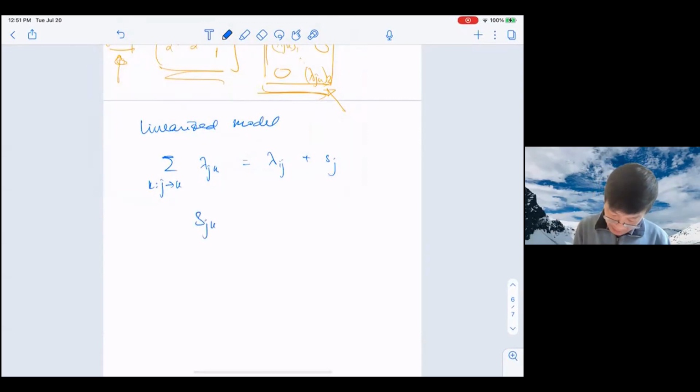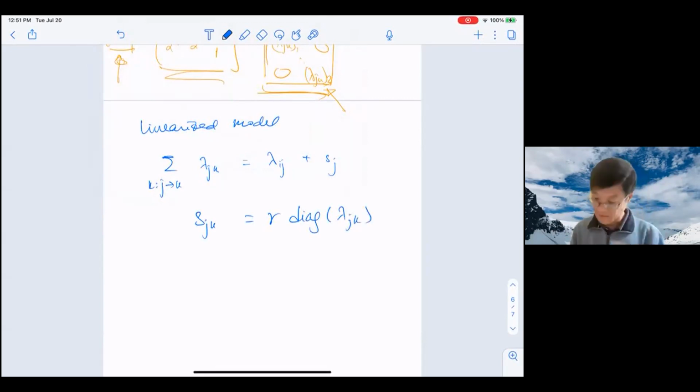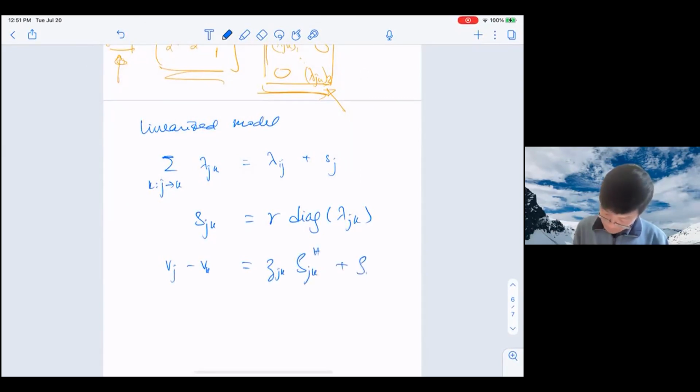And Sjk is the gamma matrix, which is a constant matrix, and the diagonal matrix constructed from the lambda jk vector. And then you have Vj minus Vk, Sjk, Cjk.